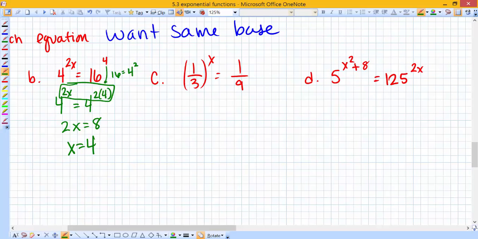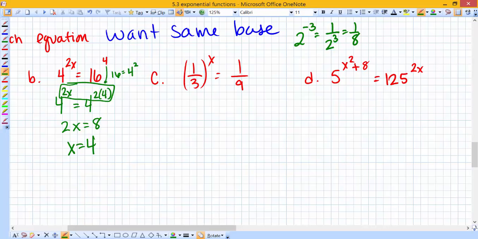Oh man, this just keeps getting harder. So now in C, I see fractions. And I need to remember fractions come from negative exponents. For example, the one I showed you earlier, if I have 2 to the negative 3, well, that's 1 over 2 cubed, which is 1/8. So if I see a 1/8, I need to remember that that used to be a whole number with a negative exponent.